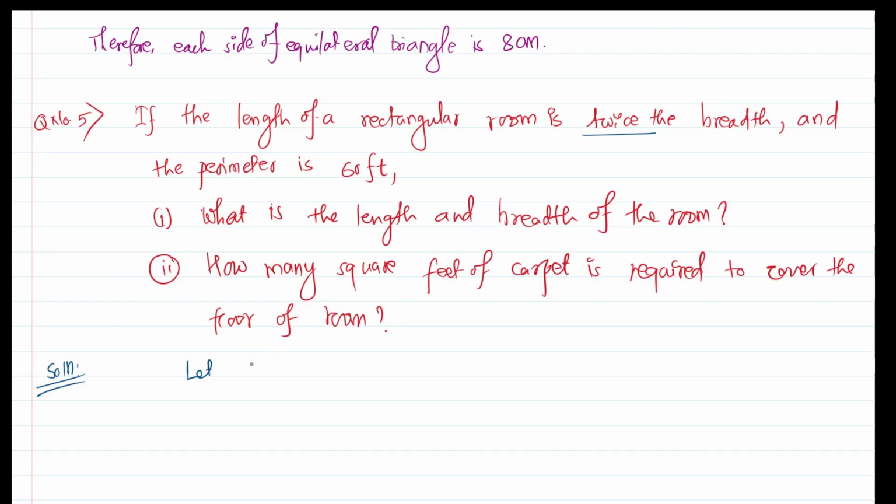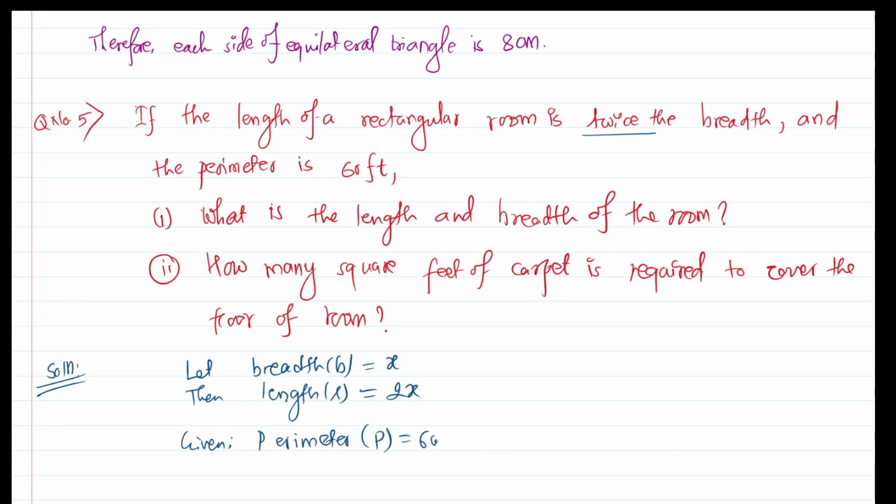Let the breadth be x, then the length will be 2 times the breadth, right? 2 times the breadth means 2x. The perimeter is given, the perimeter is 60 feet.